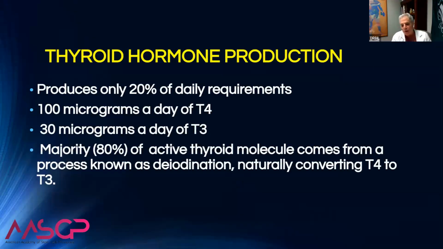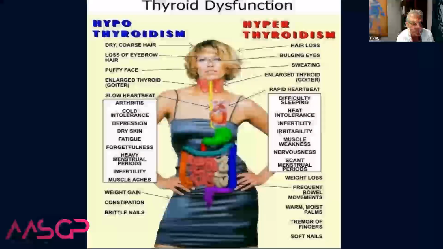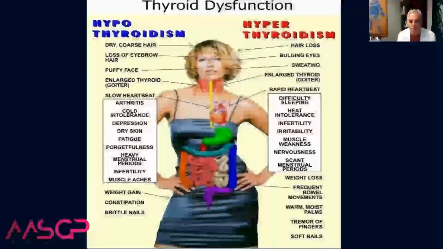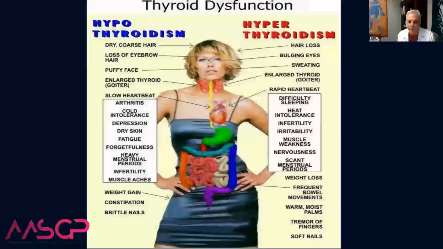And in a conventional medical model, that's what the endocrinologist sort of banked on for thyroid to function properly. But by the time your patients get to us, a lot of times that conversion just doesn't happen and it doesn't work. And so here are the symptoms of hypothyroidism on the left, hyperthyroidism on the right.